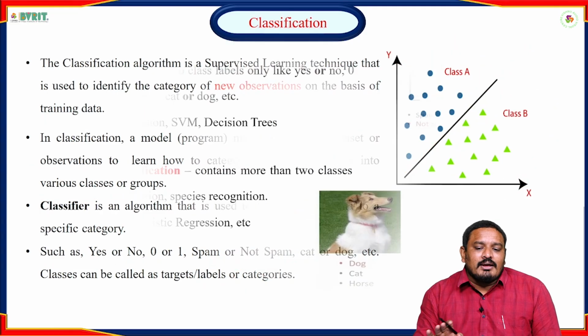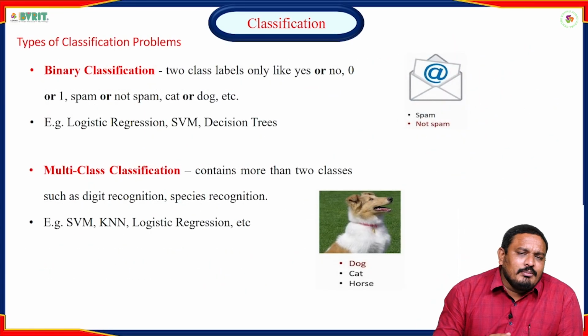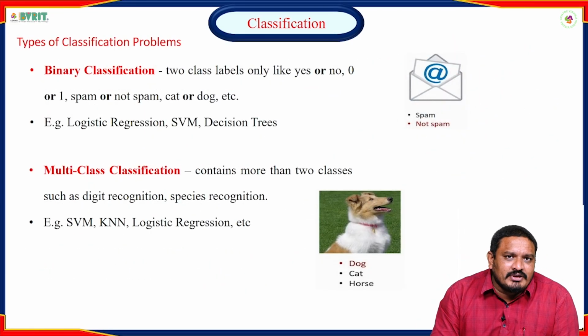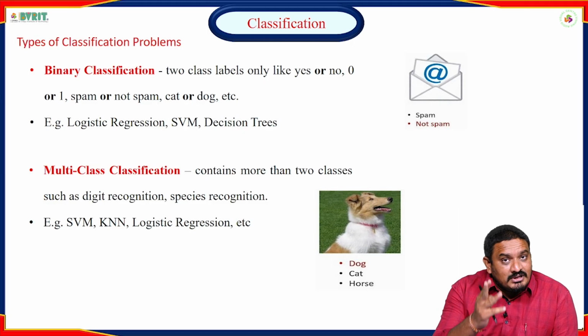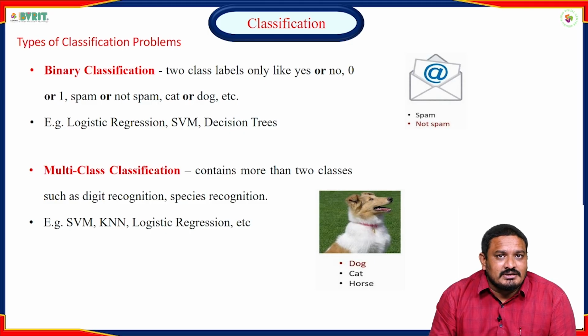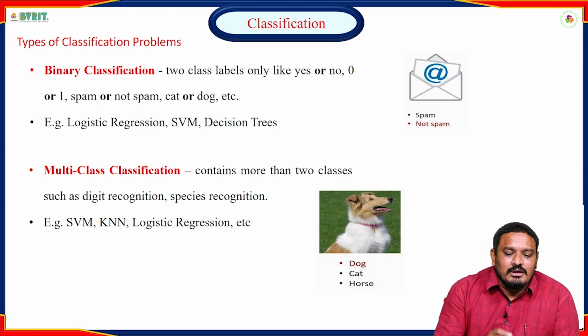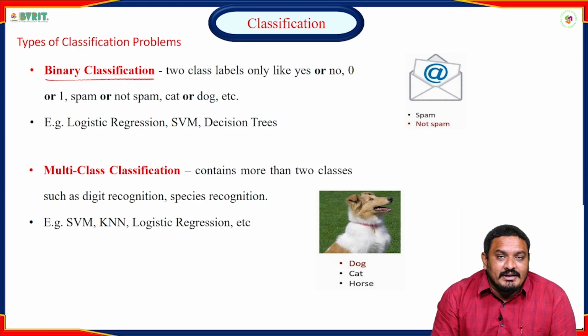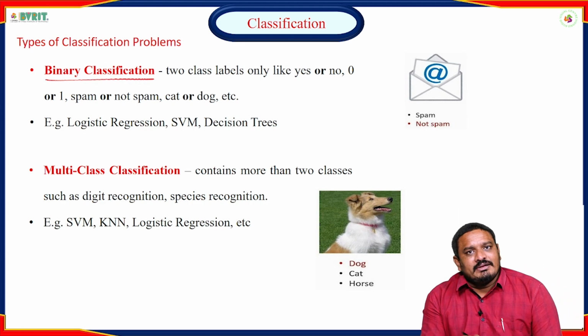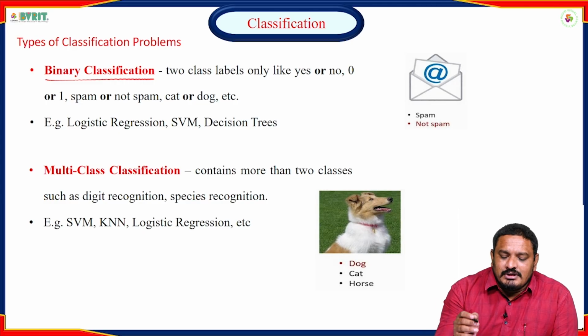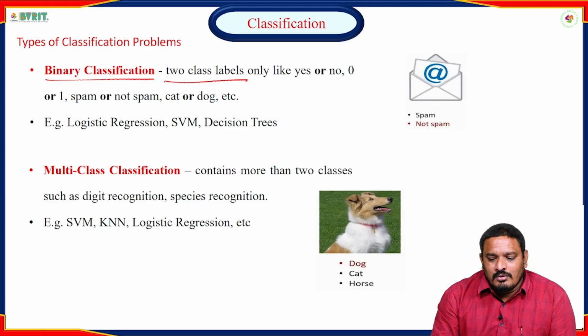This is the classification. Now, what are the types of classification techniques? There are 3 types of classification problems. First one is binary classification. What is binary classification? Here there are only 2 class labels.